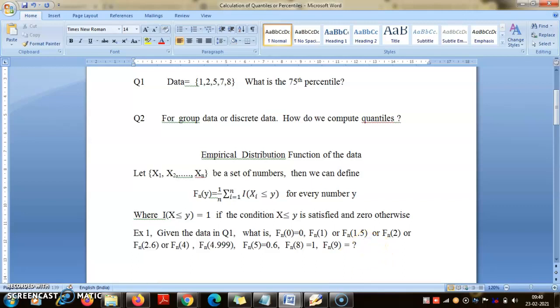Okay. So in general what we can say is that F_n(y) will be equal to 0 for y less than the minimum of these numbers.